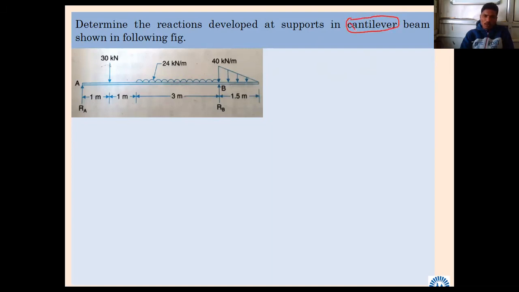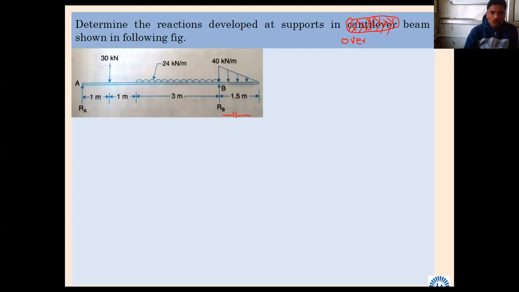Continuous means more than two supports. Are there more than two supports in this beam? Overhanging. This one is the overhanging beam, because you can see this much part, let me show.